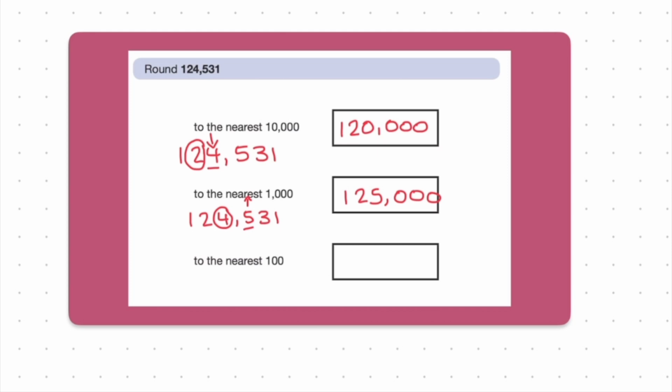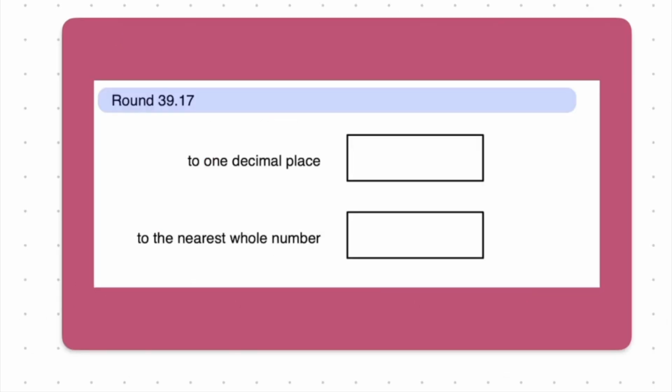And lastly, to nearest 100, 124,531. Circle our hundreds, underline our tens. Our 3 is telling us to go down. So we know 124,500.